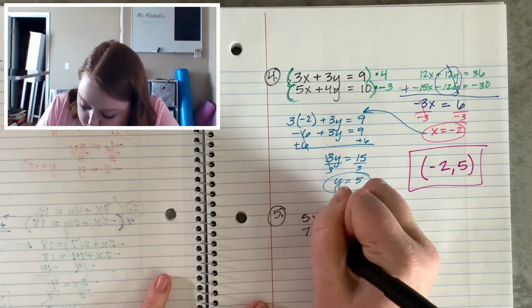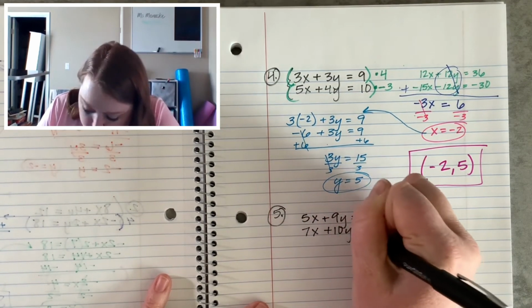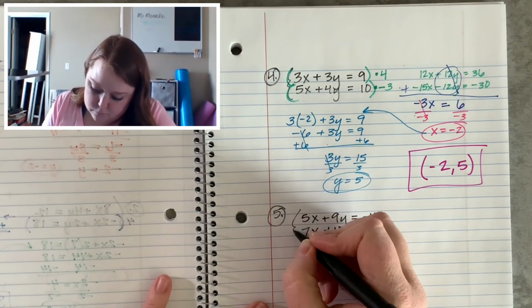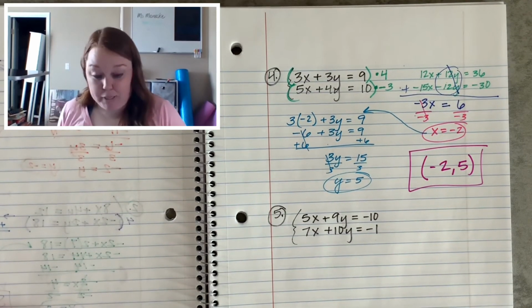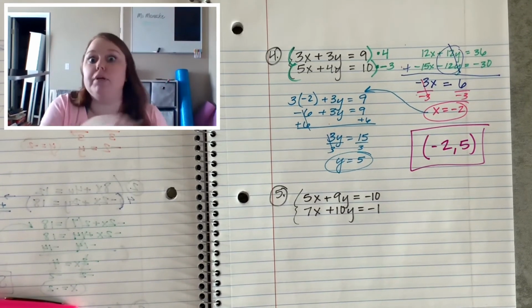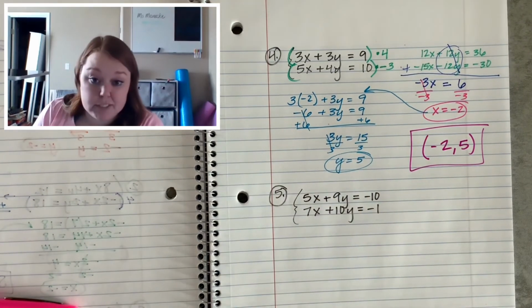Second equation is 7x plus 10y equals -1. Things I like about this, it's already lined up for us. We don't have to rearrange. Cool. Things I don't like is nothing cancels immediately.